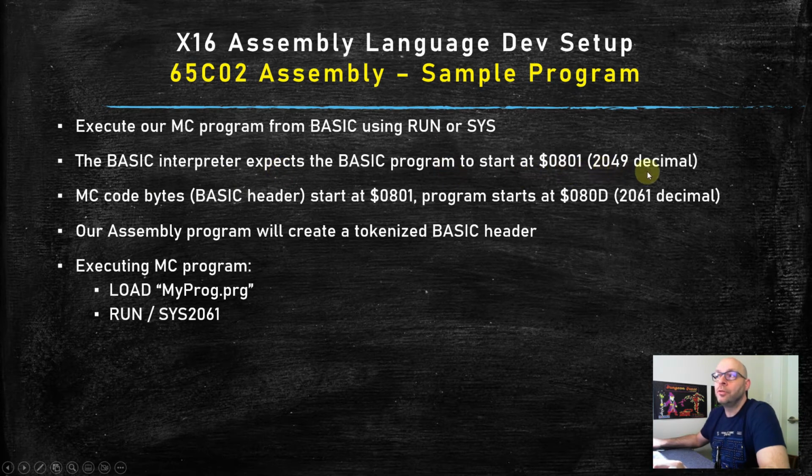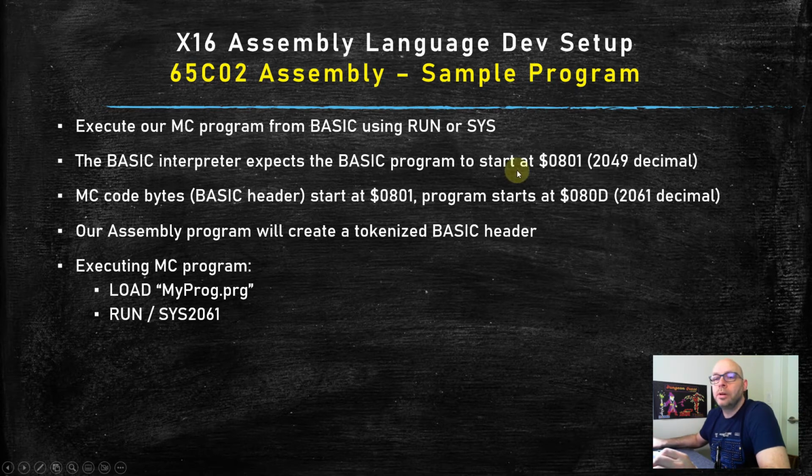Okay, the next point here says the BASIC interpreter expects the BASIC program to start at 0801 or 2049 decimal. So this is going to become important to us when we're actually creating our assembly language program, and we can refer back to these notes when we do that. But what that means is when we create our assembly language program, you can tell the assembler where in memory you want it to assemble those machine code bytes and store them at a particular location.